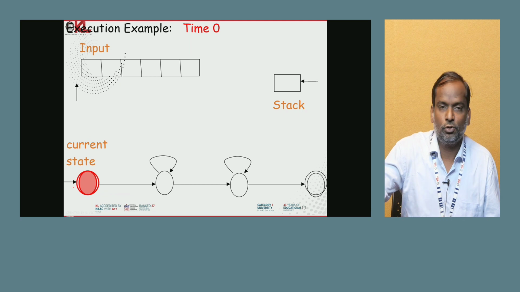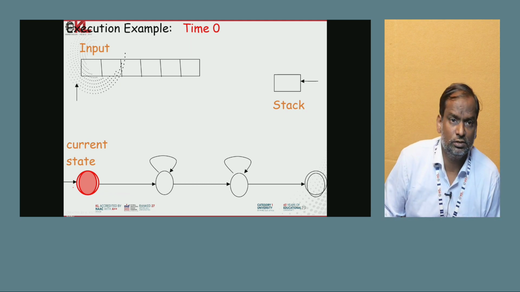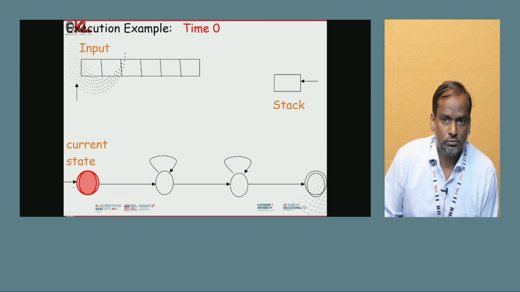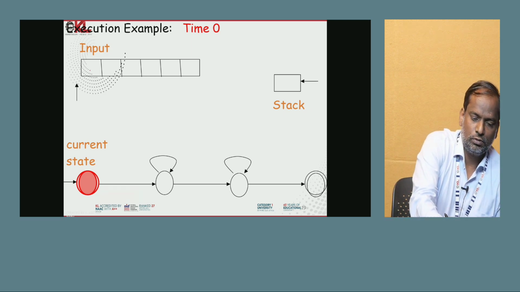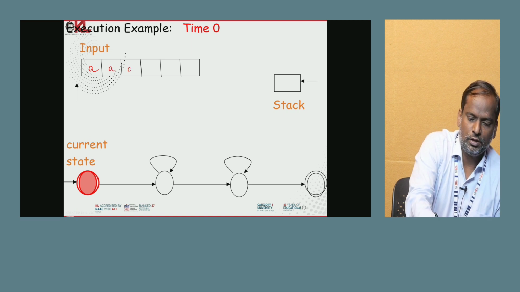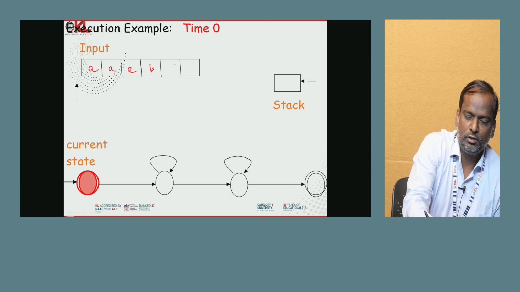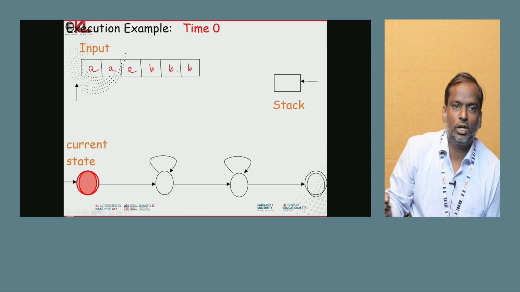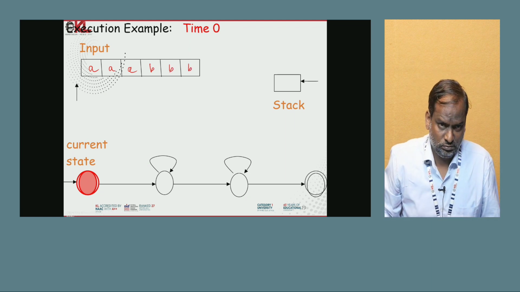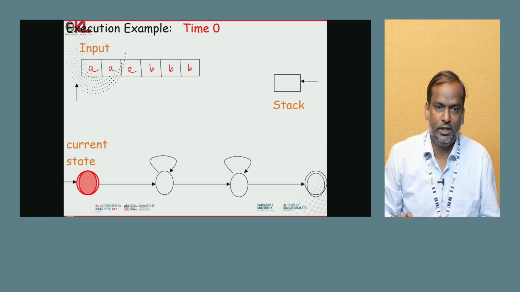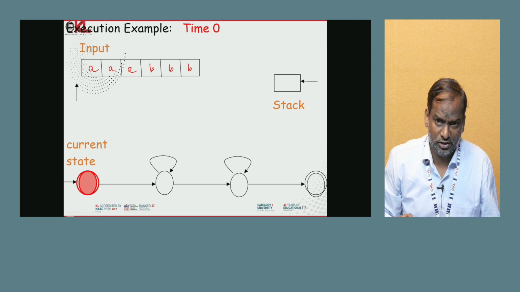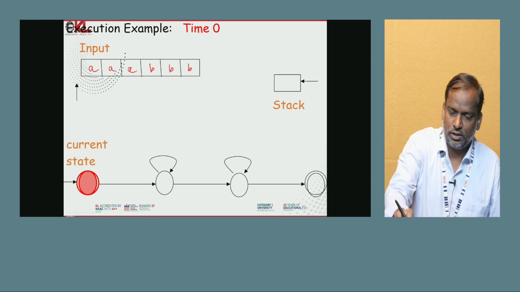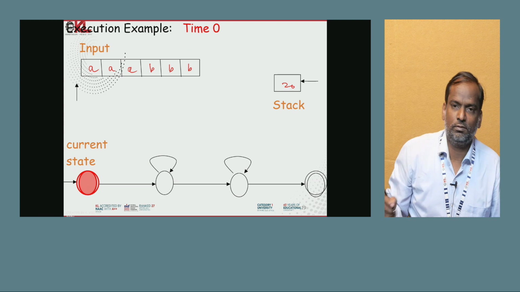For example, I am taking a string on the input tape, and I will process it. At time 0, we have the input A, A, A, B, B, B. It will consider the current input symbol, that is A, and the top of the stack as well. At the beginning, the top of the stack is Z0, which indicates the bottom of the stack.